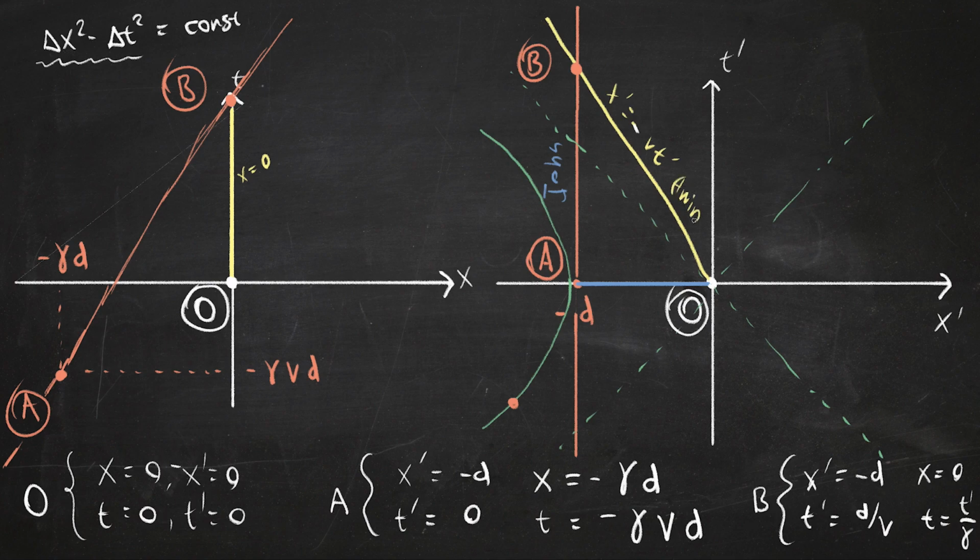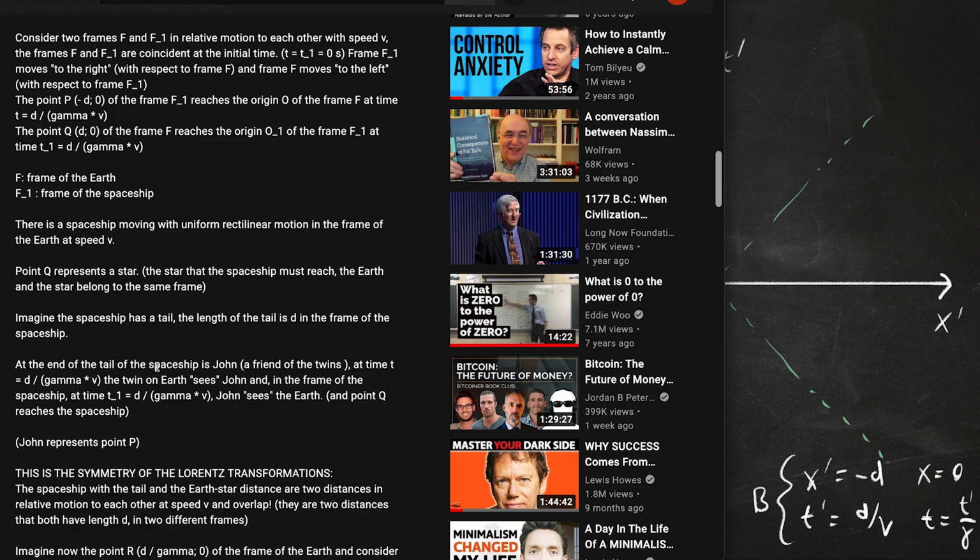That's the Earth. And you're saying the twin on the Earth sees John at a time t equals d on gamma v.